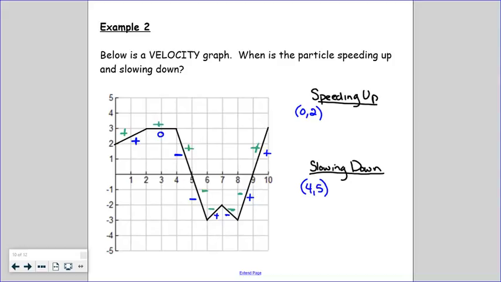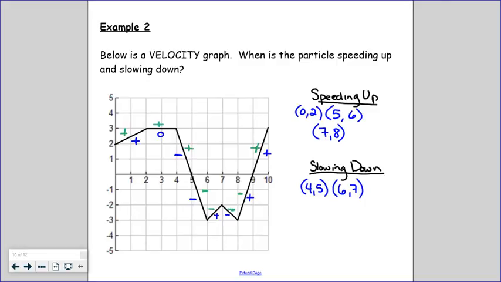Our next section are both negative, from 5 to 6. That piece of graph would indicate that our particle is speeding up. Opposite signs, so going to slow down from 6 to 7. Both negatives here, we would be speeding up from 7 to 8.